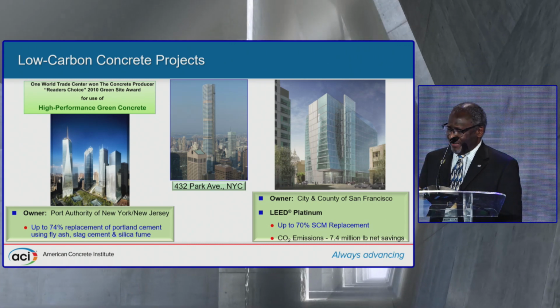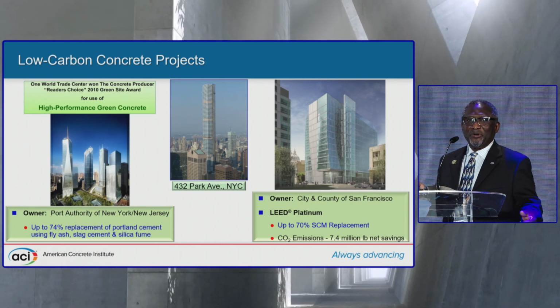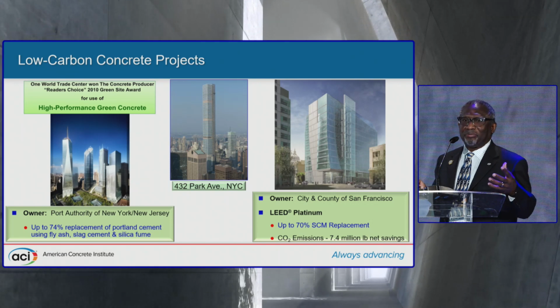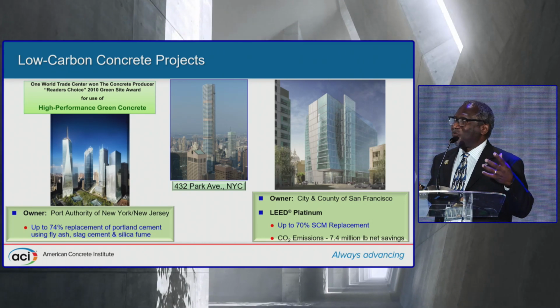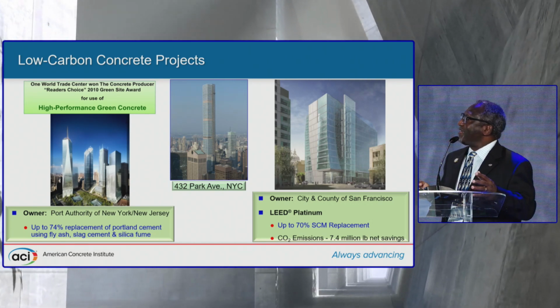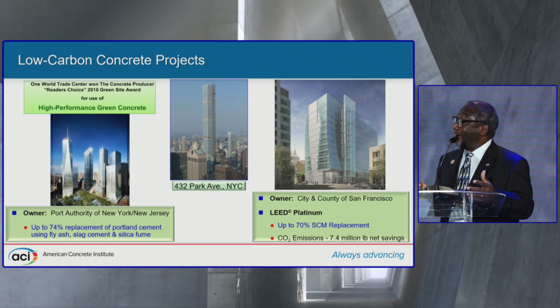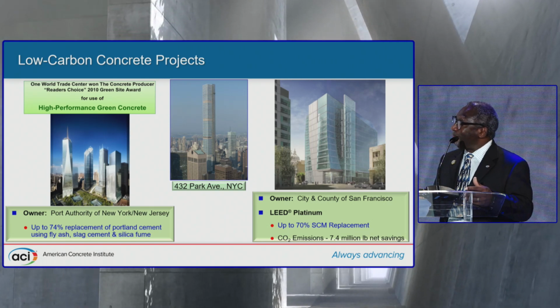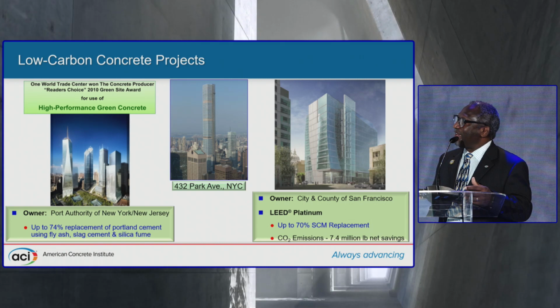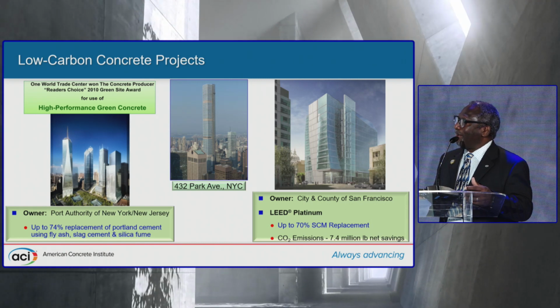Now, that said, these are examples of some low carbon concrete projects that we've worked on. And these are iconic towers in New York City. These are the World Trade Center replacement towers.